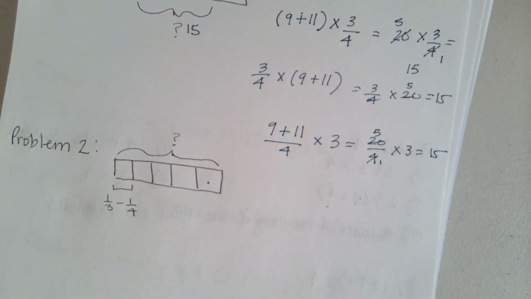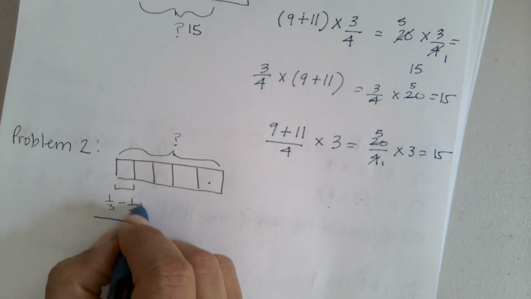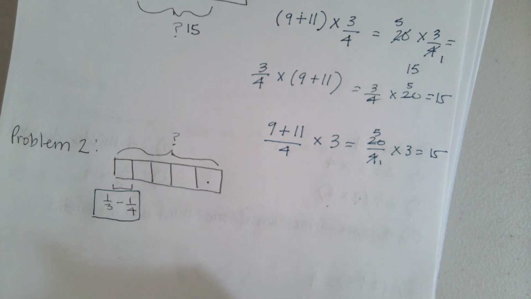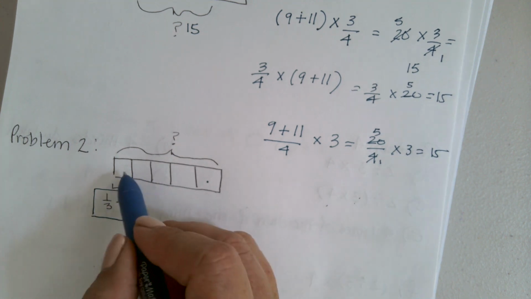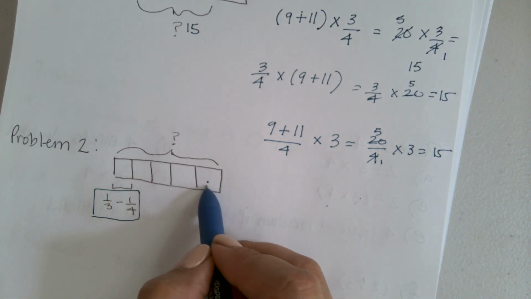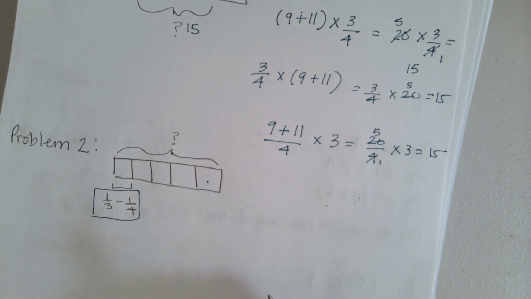We know it is the difference between 1/3 and 1/4. So we have to multiply the difference by 1, 2, 3, 4, 5 to find the whole. So let's go ahead and try that.